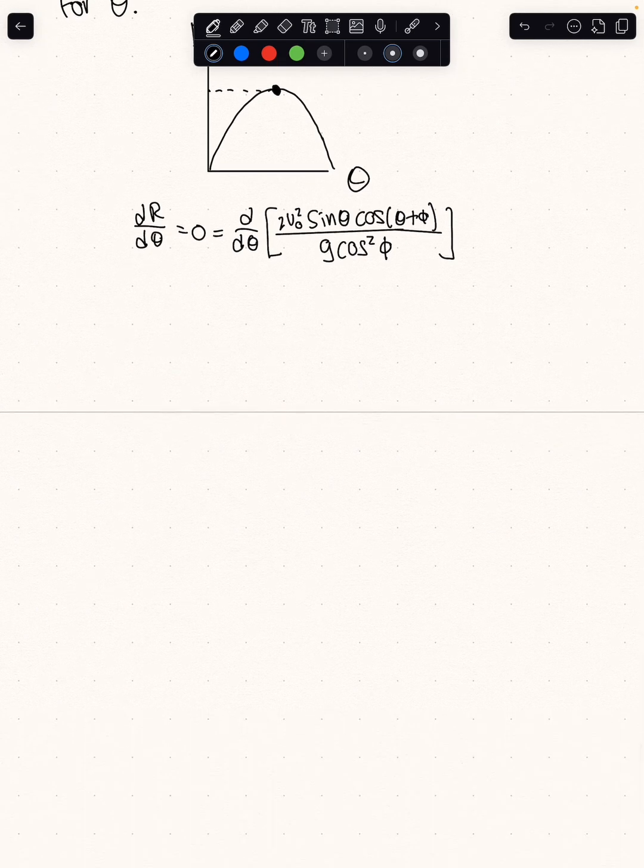Okay, and so then we're going to have 0. We can pull out constants, 2 v naught squared over g cosine squared phi d d theta sine theta cosine theta plus phi.